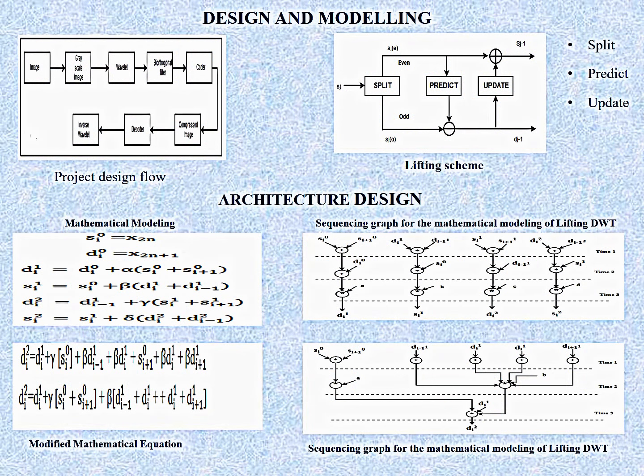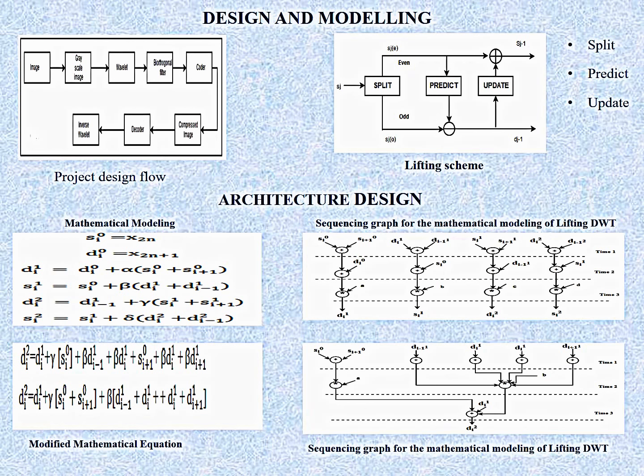So coming to the next part, the design model. Here, I'll be showing the project design flow. In that, the first image will be taken and converted into a grayscale image. Then I apply the wavelet, then a bioorthogonal filter, and then the coding. Then I send that image through a channel, so that particular image will be a compressed image.